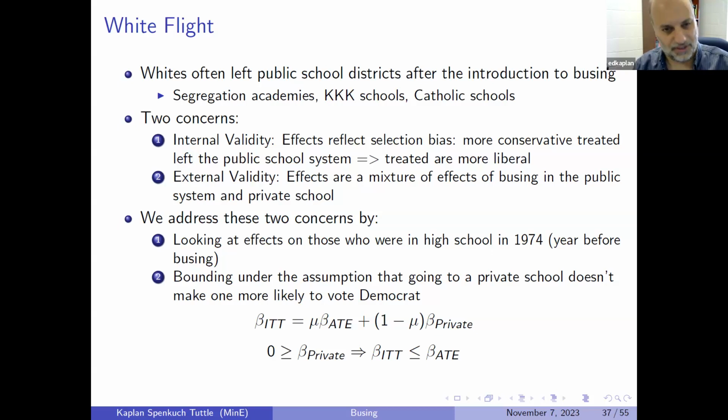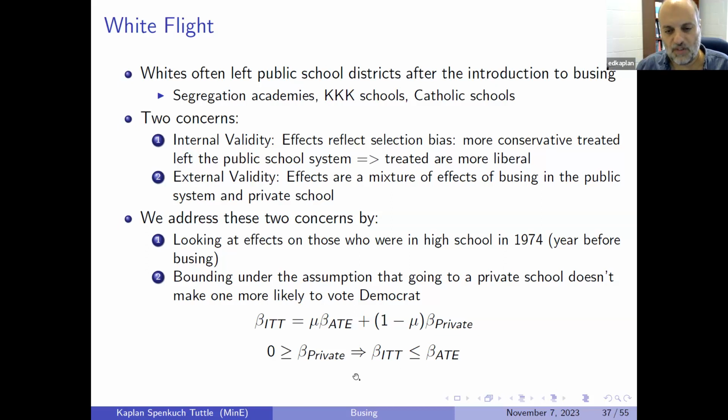However, there is an external validity criticism. Some of our people went to these other schools. If there's an average treatment effect, beta ATE, and there's also an effect of going to one of these KKK segregation academies or Catholic schools, then our intention to treat effect is a convex mixture of these two parameters: the effect of going to public school and being bused, plus the effect of going to a private school and not being bused.